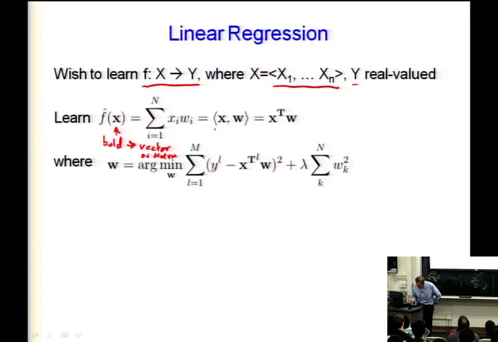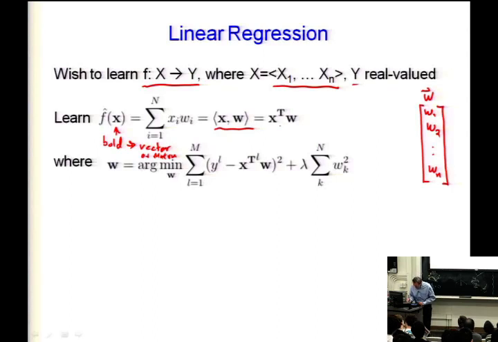I'm going to introduce this notation, which means literally the dot product. We can think of x and w here as vectors of feature values and weights. So for example, I could talk about the vector w as a column vector: weight 1, weight 2, up through weight n.